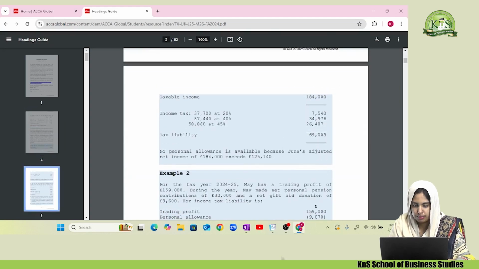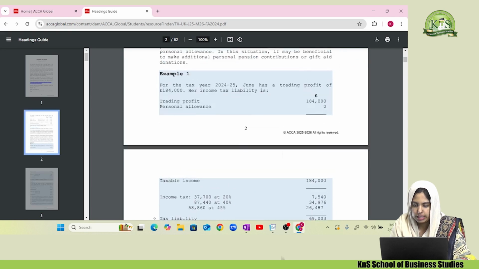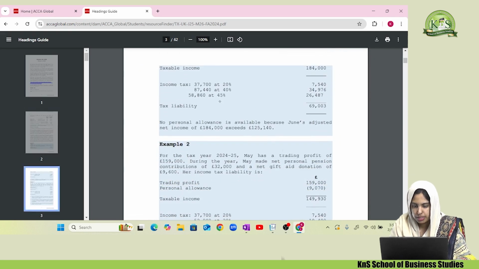The space that will be taxed at 40% is 34,976. Then this is the one that is remaining, the additional. If you add all of these things, it will equal 184,000. So this is actually my total tax liability. No personal allowance is available because your adjusted net income of 184,000 exceeds the limit, which is 125,140. That is how you find your tax liability.